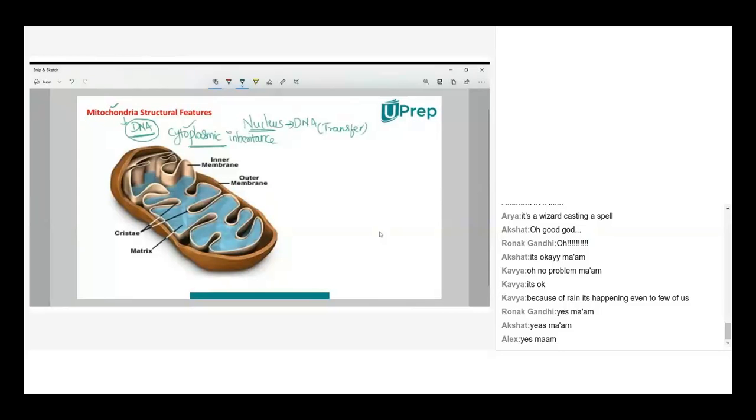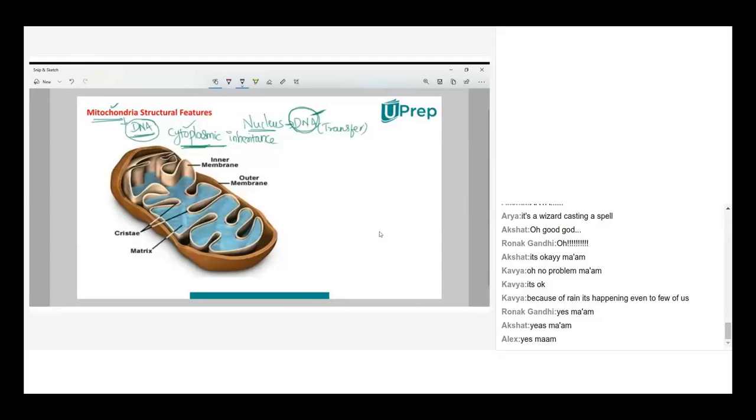Whereas the inheritance we observe because of the nuclear DNA, we call nuclear inheritance. This is the usual one. Usually we find nuclear inheritance in all organisms. But cytoplasmic inheritance we find where the mitochondria carries DNA.